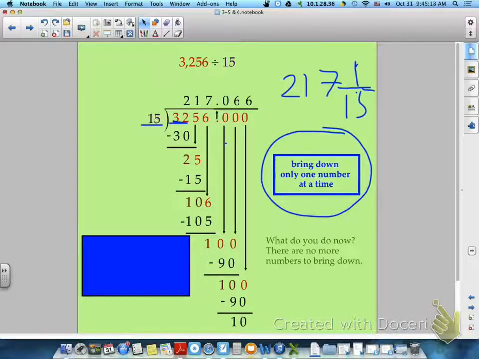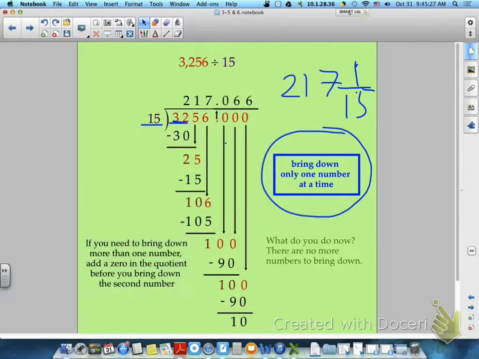Now there's something else that's in the box. If it's in the box, then it has to be important, correct? Let's see what it is. If you need to bring down more than one digit or one number, what do you need to do? Add a 0 on the quotient before you bring down the next one, just like we did here.